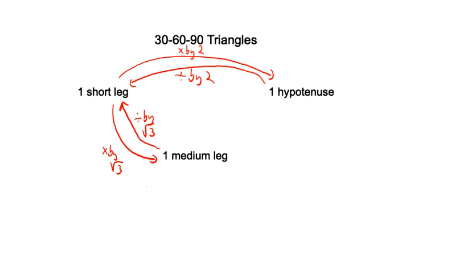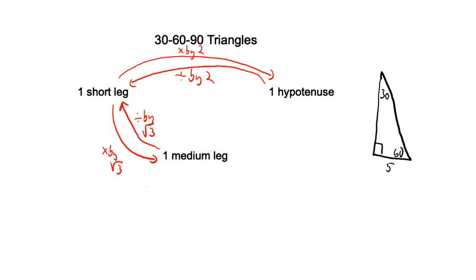Let me give you a couple of examples. Let's say I've got a 30, 60, 90 triangle. Let's start off easy. Let's say this is 5. All right, I know the short leg.